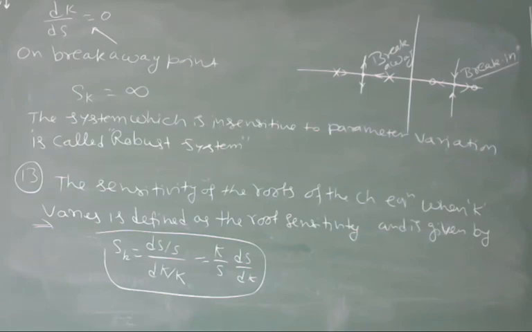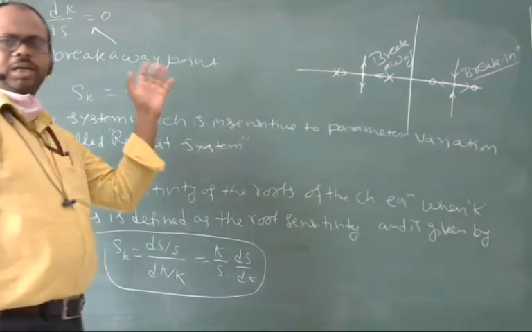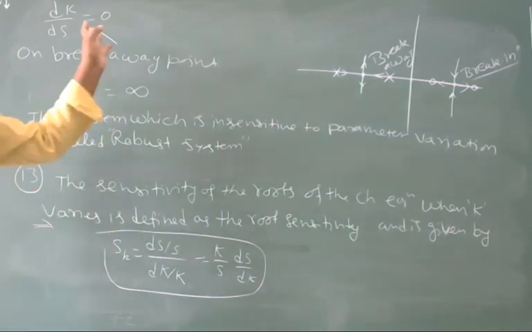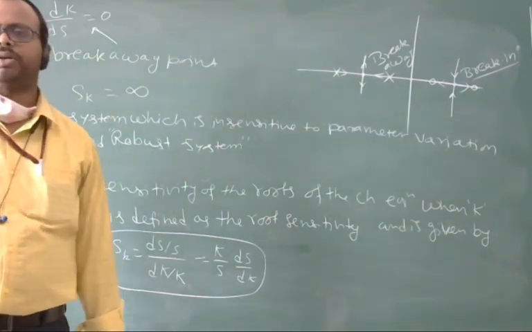So these are the one liner questions. What is a robust system? The system which is insensitive to parameter variation is called a robust system. And what is the root sensitivity at breakaway point? At breakaway point, the root sensitivity is infinity because dK/ds is 0 at breakaway point.